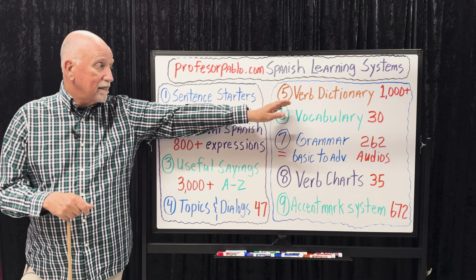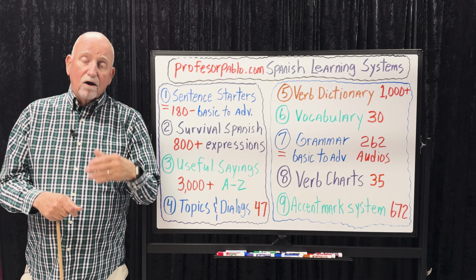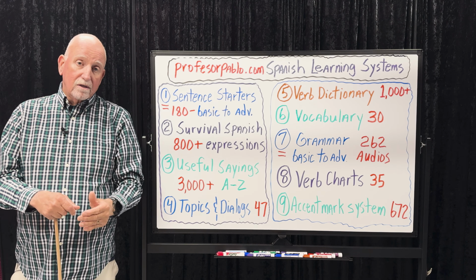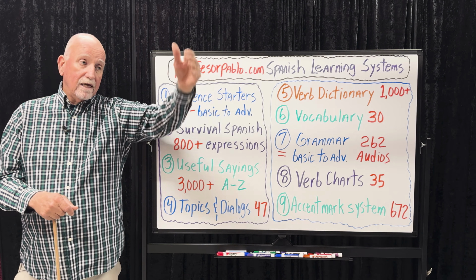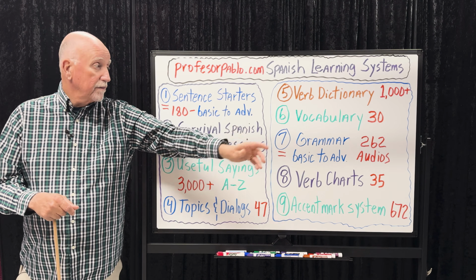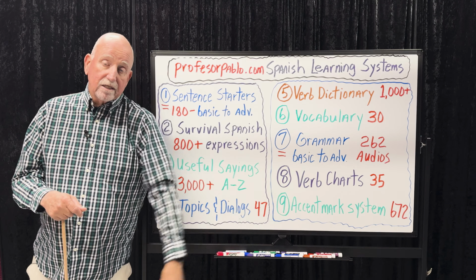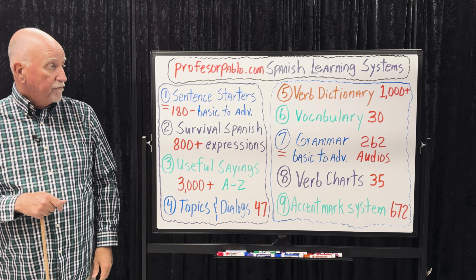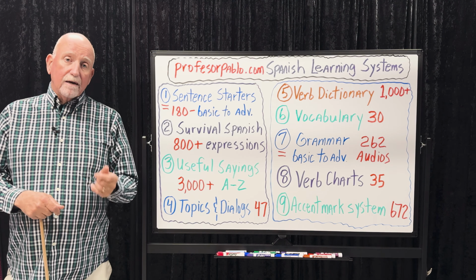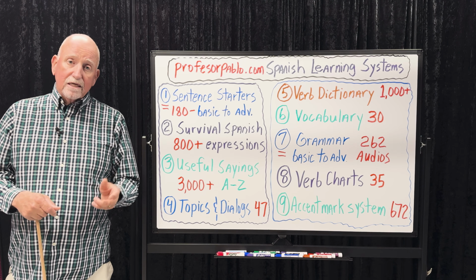So the verb dictionary is indispensable. All the verbs you would need to know in English, alphabetical, Spanish on the right, and then whatever happens to them in terms of stem changing, etc., on the far right next to the English translation. Over 1,000. Vocabulary. There are 30 different topics of vocabulary. Some basic things like colors.